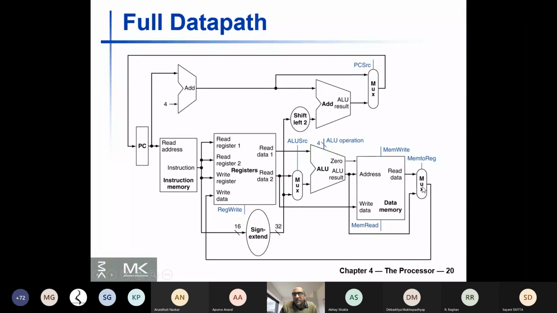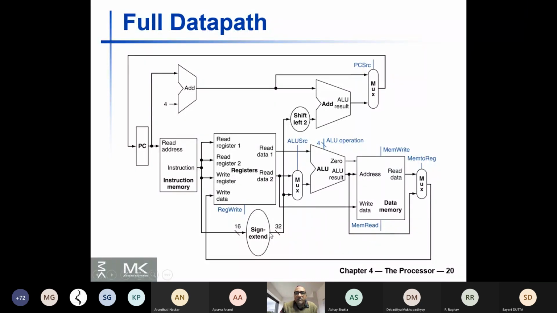Here you can see there is one more multiplexer, where we are writing back into the register. When you're writing back into the register, there are two possibilities in the instruction set. One is when you are fetching data from memory, that is, in case of a load instruction, you fetch data from the memory and then write into the register file.